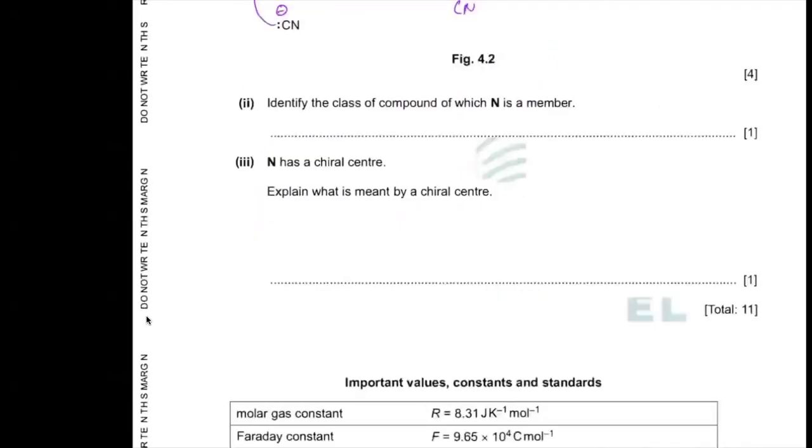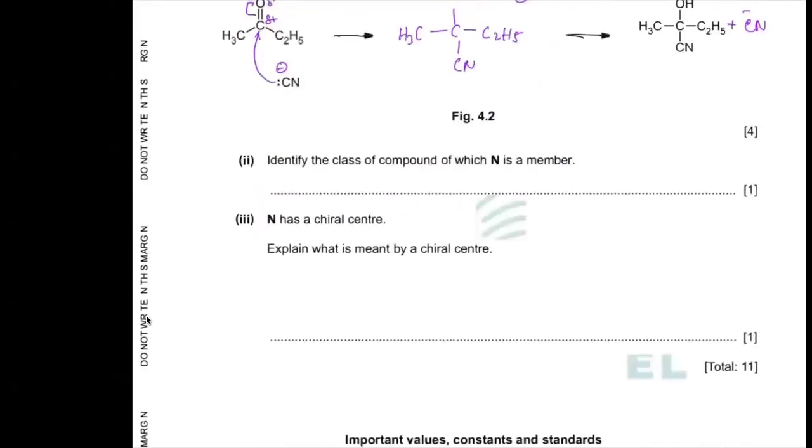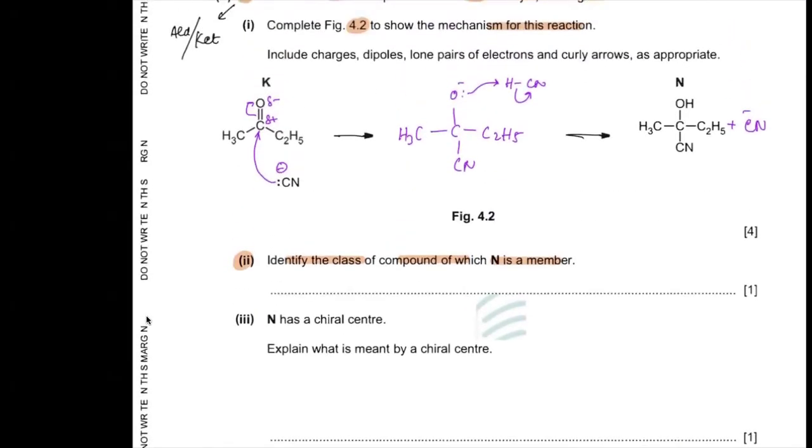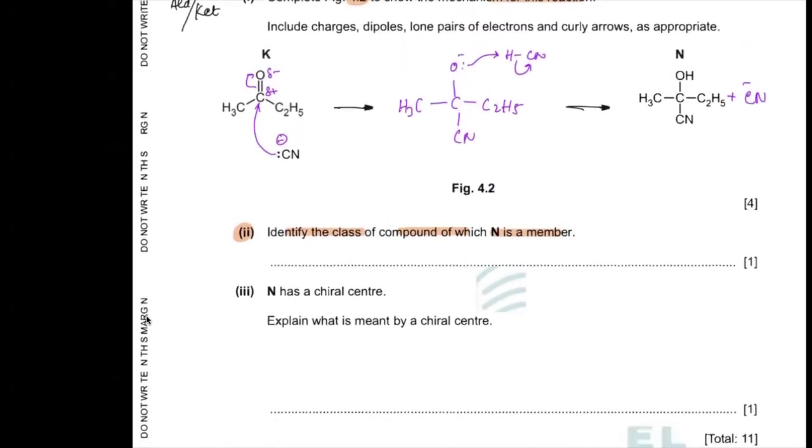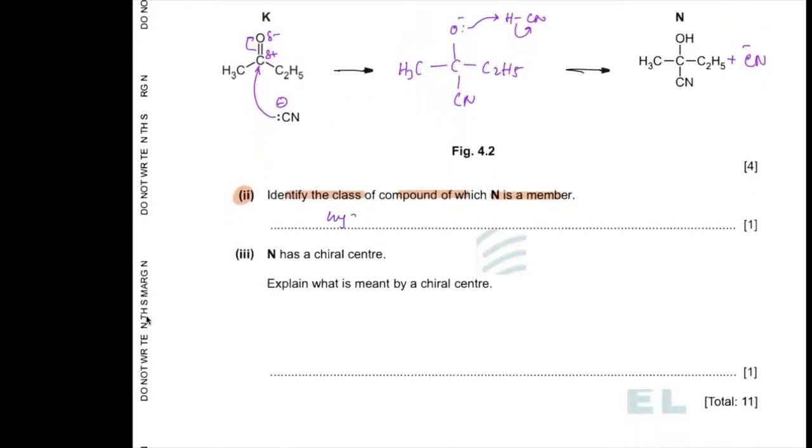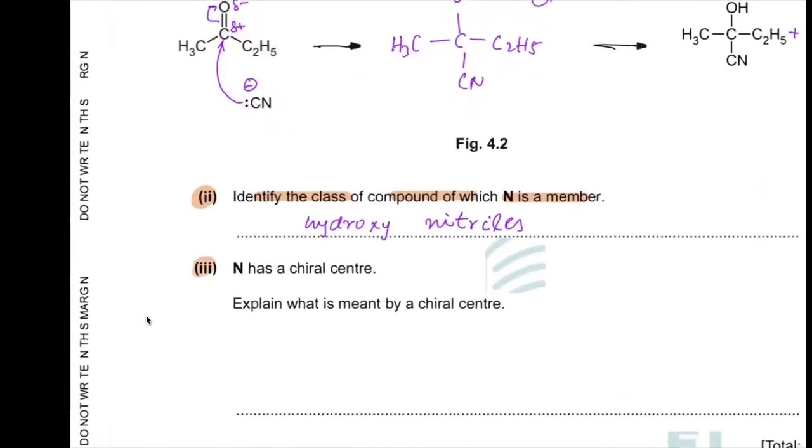Yes, sir. Now part 2, identify the class of compounds of which N is a member. So if you see N has OH and CN, these compounds are called hydroxynitriles. Now, N has a chiral carbon. Explain what is meant by a chiral carbon.